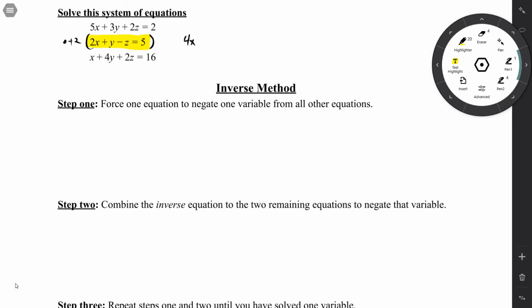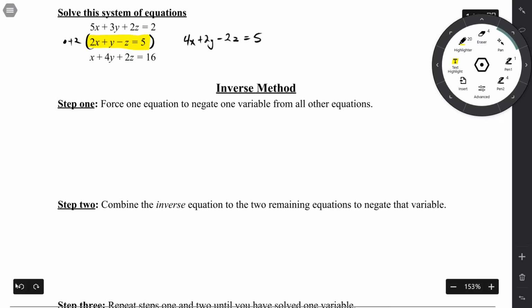So it's going to give us 4x plus 2y minus 2z equals 10. This is not a 5 here, that's a 10. All right, so we've got that.